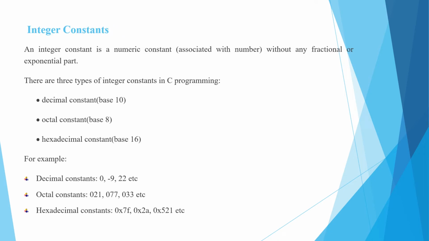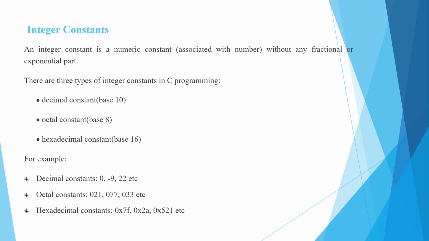The first type is integer constant. Integers are whole numbers without a decimal point. In other words, an integer constant is a numeric constant without any fractional or exponential part. Basically, integer constants are whole numbers without a decimal point.